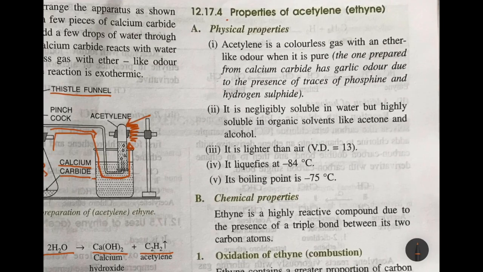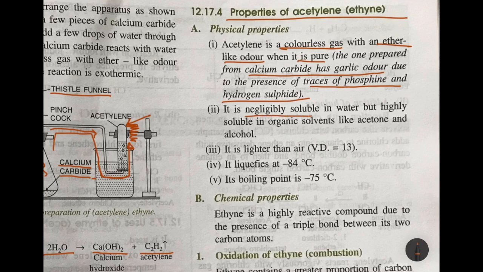Next, we move on to the properties of acetylene. Physical properties. Acetylene is a colorless gas with an ether-like, sweet odor when it is pure. The one prepared from calcium carbide has a garlic odor. You know why? Because there are traces of phosphine and hydrogen sulfide. It is negligibly soluble in water. Negligibly means very little, so little that you can even ignore it, but it is highly soluble in organic solvents like acetone and alcohol.